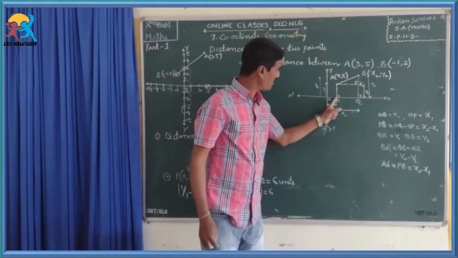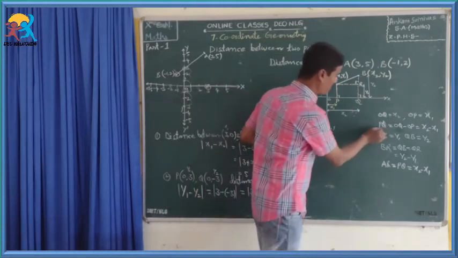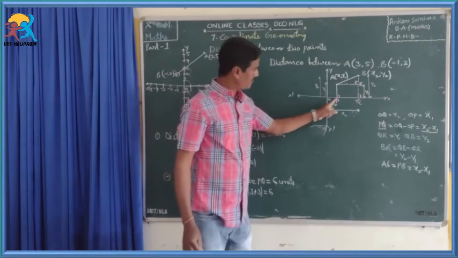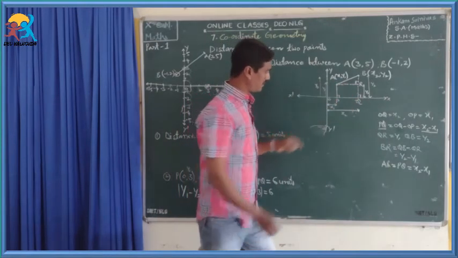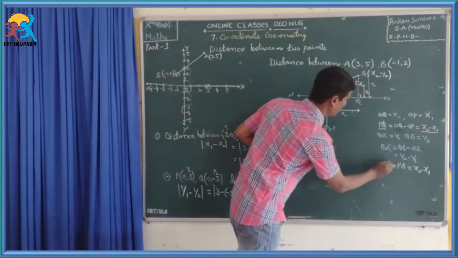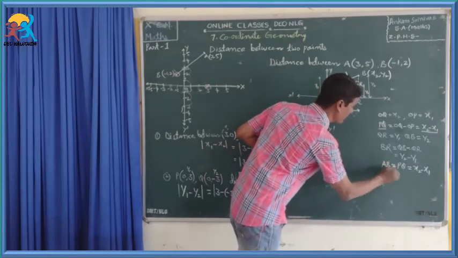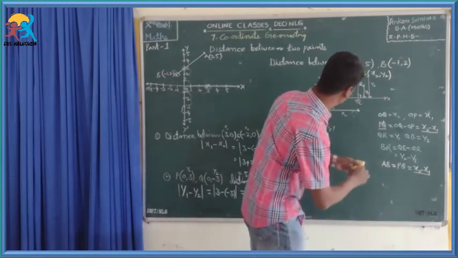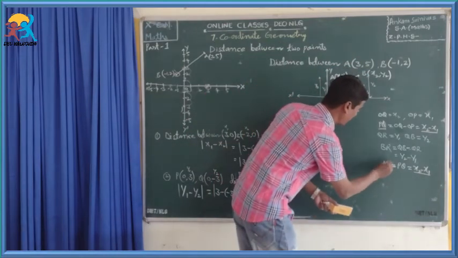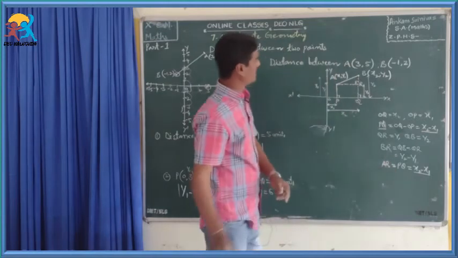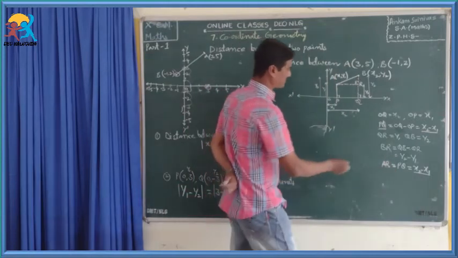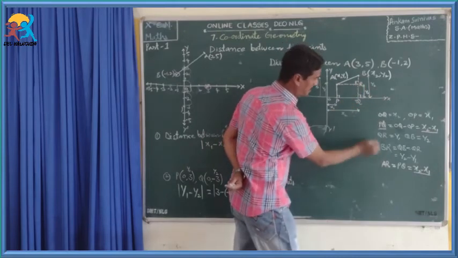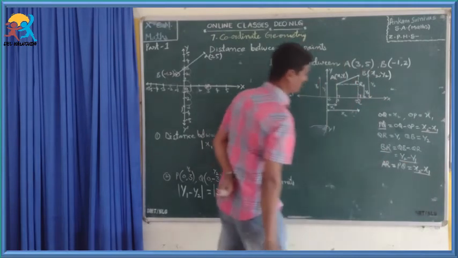One is the PQ value, which is x2 minus x1. In the same way, AB becomes x2 minus AR. We require AR, we will get x2 minus x1. And BR we got y2 minus y1.